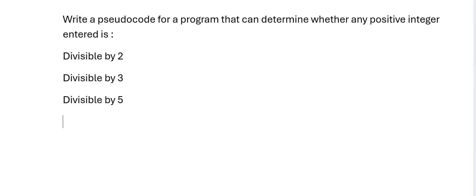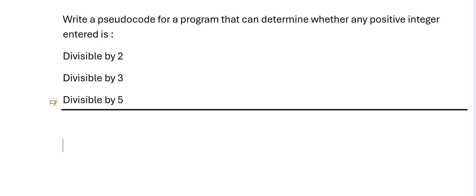Remember that when you are given a question and you want to start writing the pseudocode, we start with start. And then, if you want to write declare, it's okay. Declare a num.